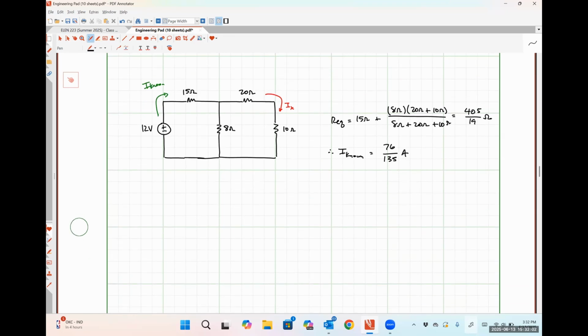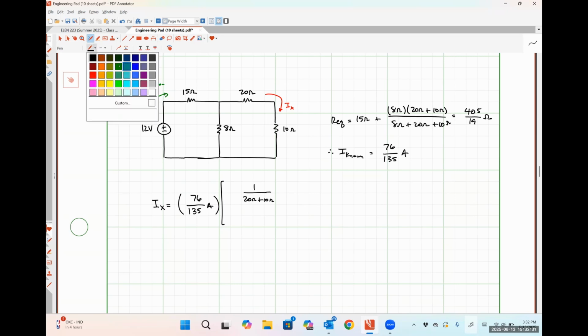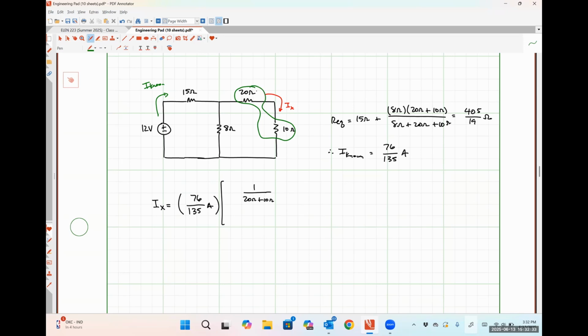So from here, I can use current division and say that the current IX that I'm interested in is my known current, 76 over 135 amps. The total resistance of the path that I'm finding the current through is 1 over 20 ohms plus 10 ohms. So essentially, I'm lumping these two guys together so that it looks like a path in parallel with that 8 ohm resistance.